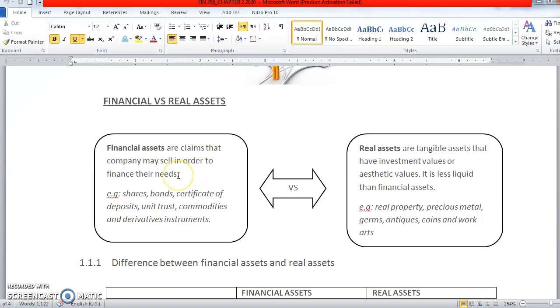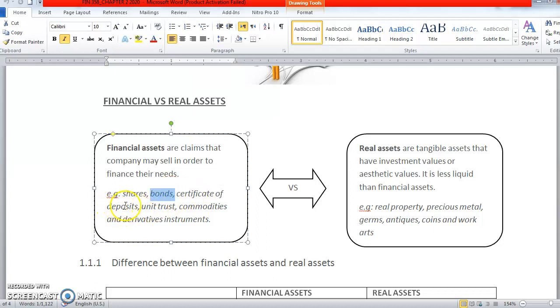Okay, so that is what it means by financial asset. Here are some examples: shares, saham, bonds. Dalam bahasa we call it bond, sama saja, B-O-N, without D and S.